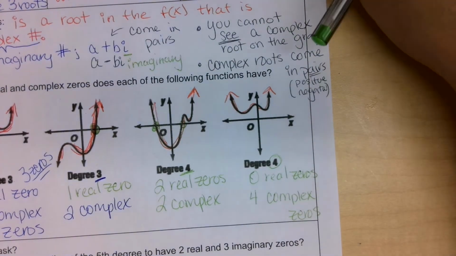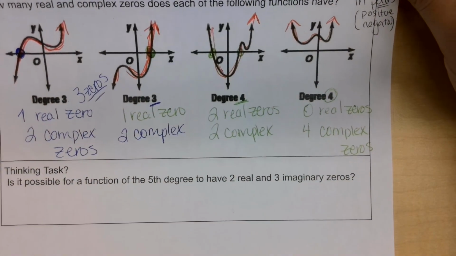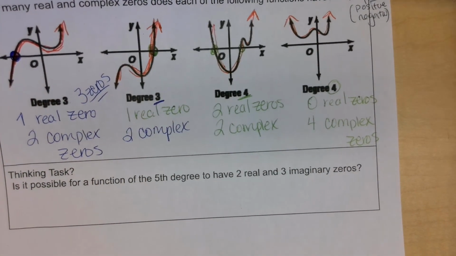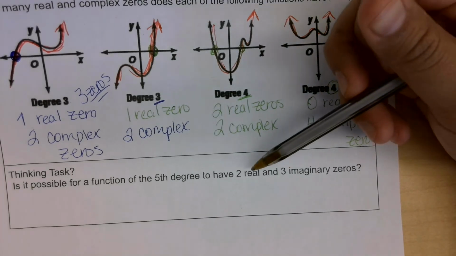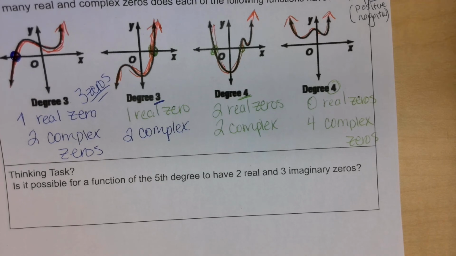All right, and last thing that I wanted to cover for today is, let's look at the thinking task. Is it possible for a function of the 5th degree to have 2 real and 3 imaginary zeros? Let's think about that. Pause the video if you're not done thinking.